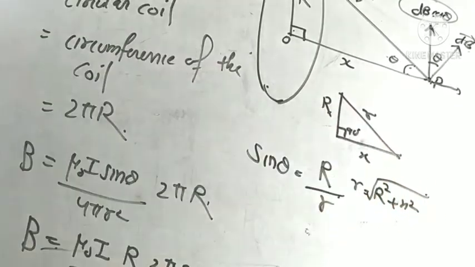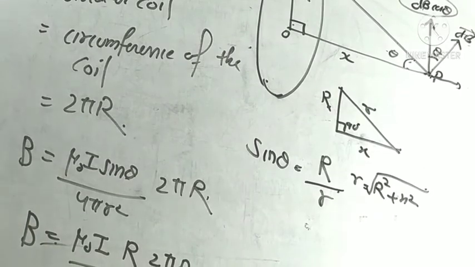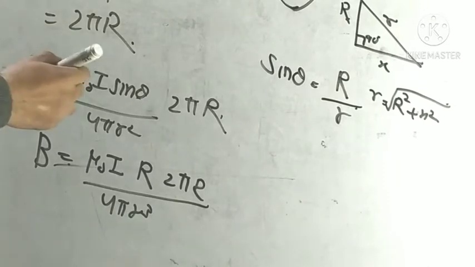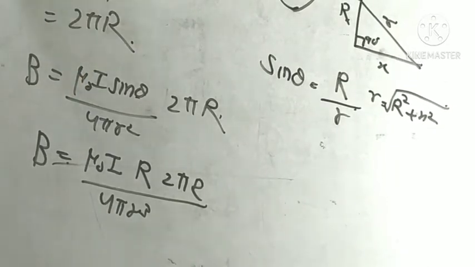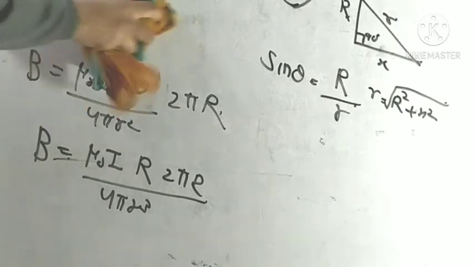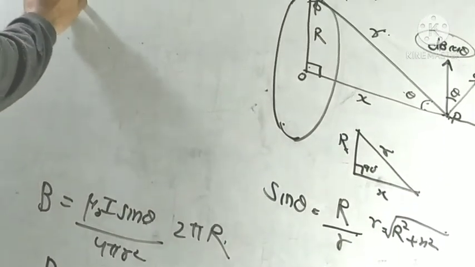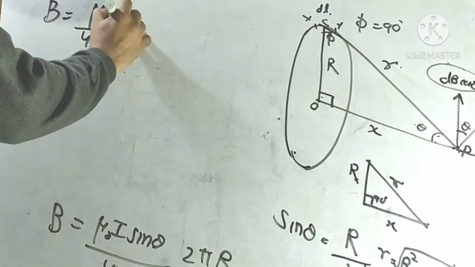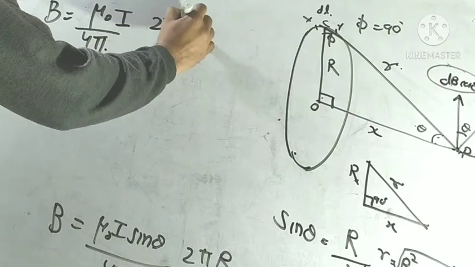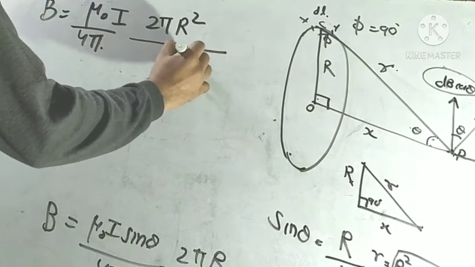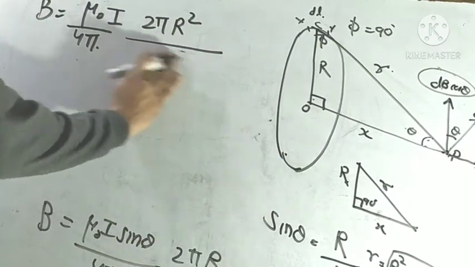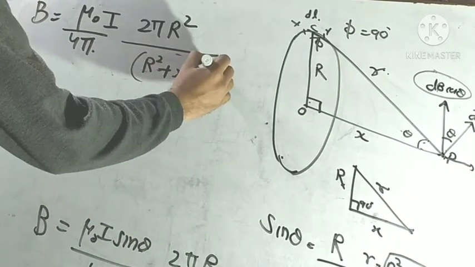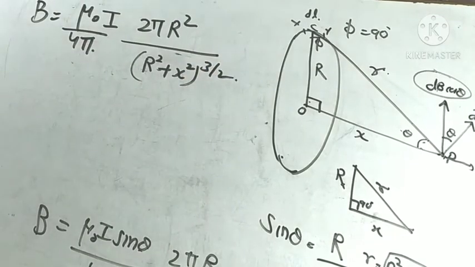We put the value of R here. So B is equal to mu naught upon 4 pi, times I 2 pi r square upon R cube. Putting the value of R, that is, r square plus x square to the power 3 upon 2. So this is the final value.